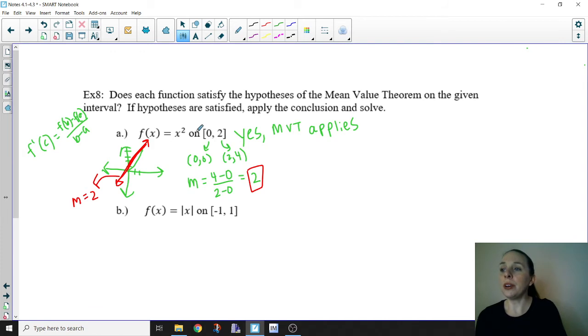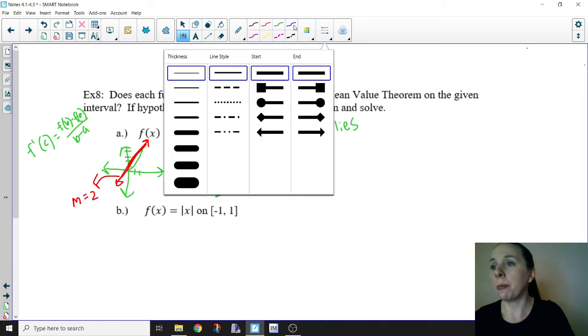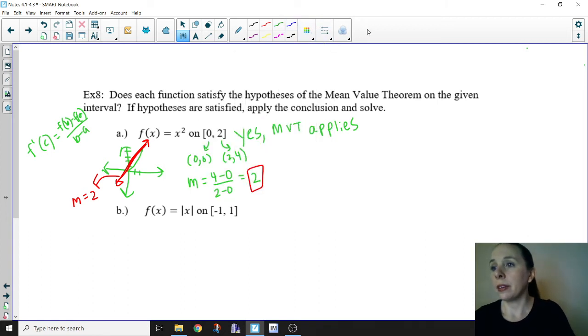Now, somewhere else in this interval, we should have a point where the derivative value, or the slope of the tangent line, is 2. Okay, how do we find it? Well, pretty easily, actually. For this one, you take your derivative. It's 2x, right?